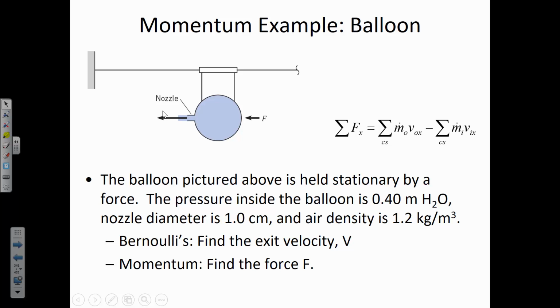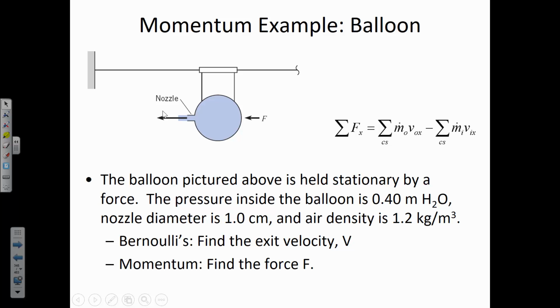So the first thing we can do is draw the sketch and the boundaries that go around it. So we've got our balloon at the opening, and here's a control surface. The outgoing air will exit through the control surface, but the balloon itself stays inside of the control volume.